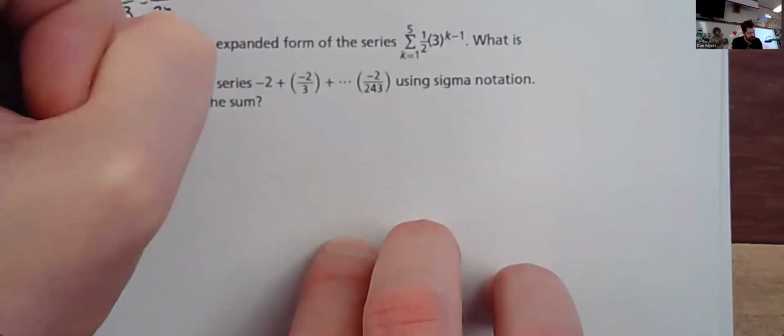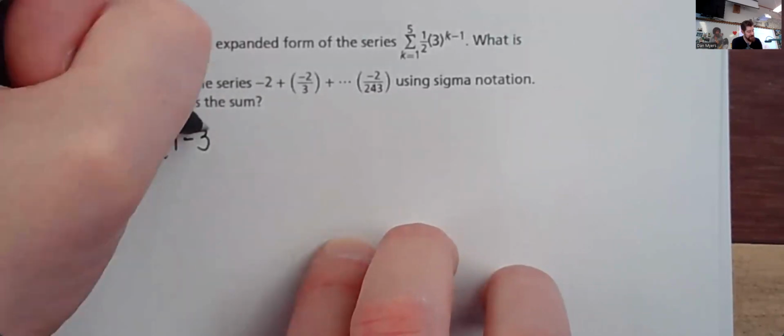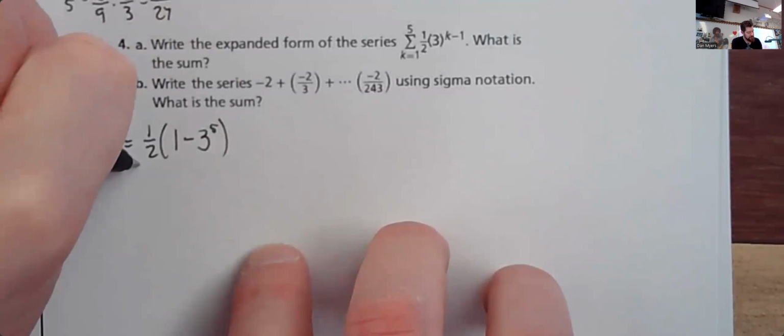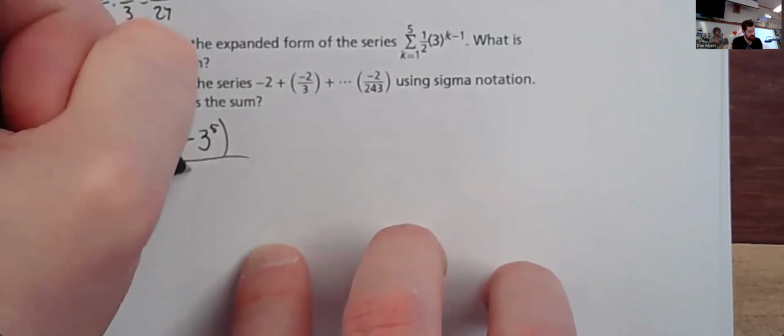Parentheses, 1 minus, what's the common ratio? 3. What is our value of n? 5 over. What should we write on the denominator? What would be an easier way of writing 1 minus r for this particular problem? How about 2? Yeah, 2 is good.